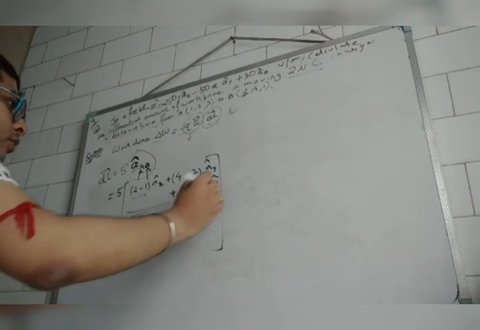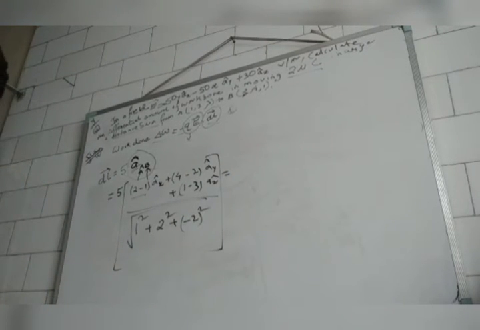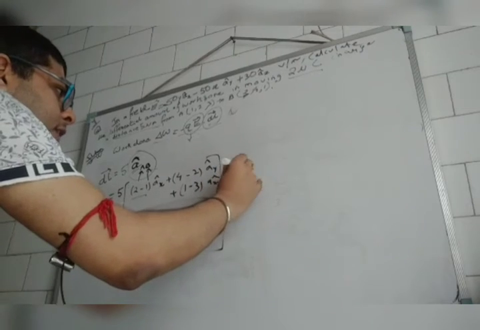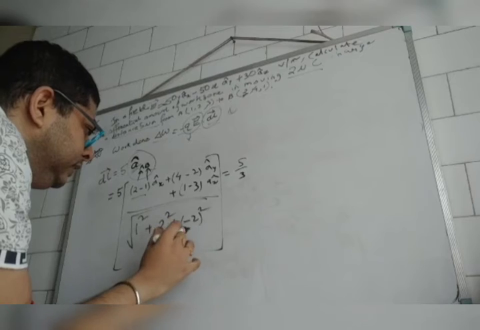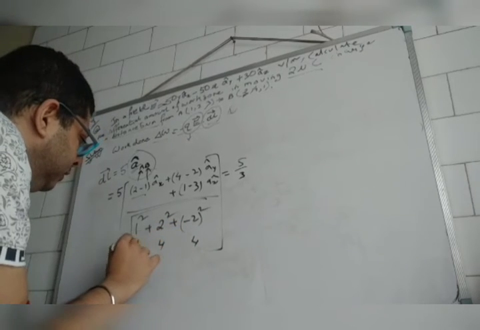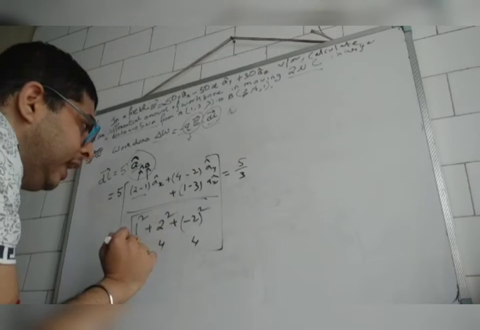Ultimately if you solve this, you will get 5 by 3. This is 5, and the root comes out to be 3: this is 1, this is 4, this is 4, so 1 plus 4 plus 4 is 9, and root over 9 is basically 3.